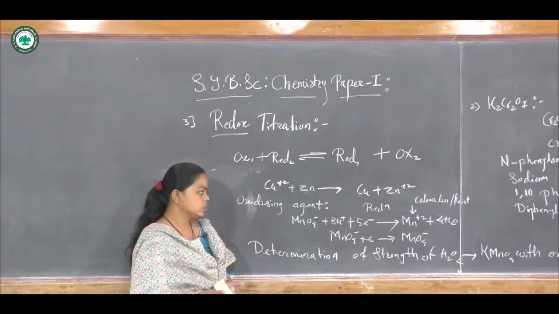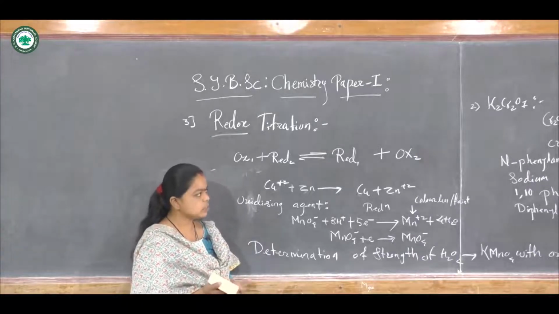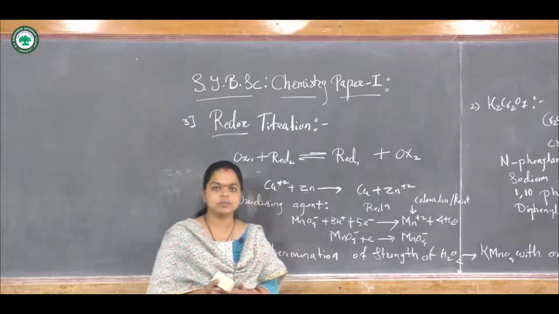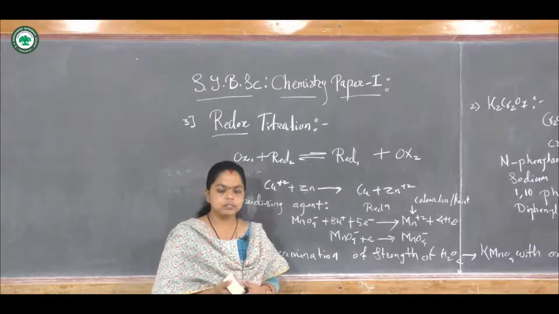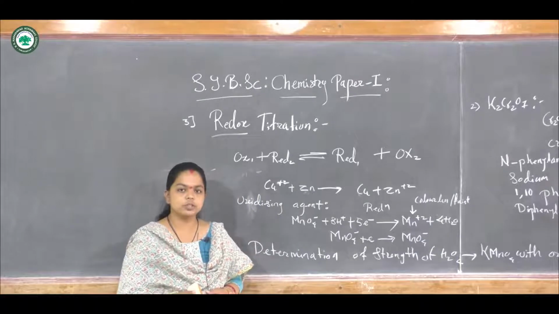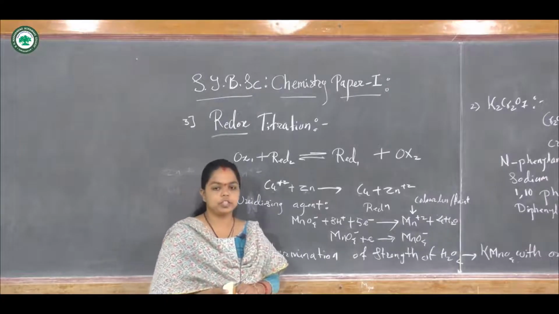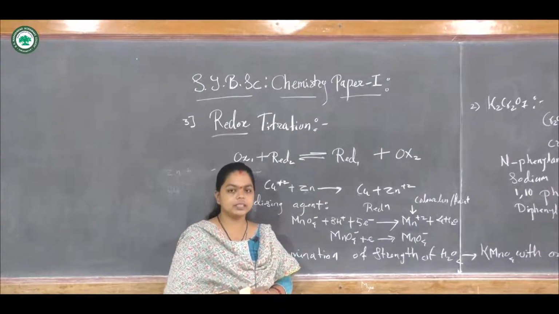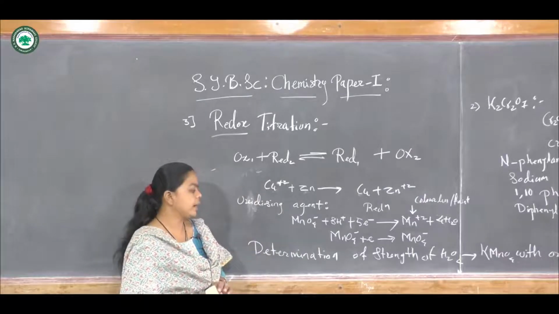Now different types of indicators are used for this titration. The important ones which are usually used are potassium permanganate and potassium dichromate.